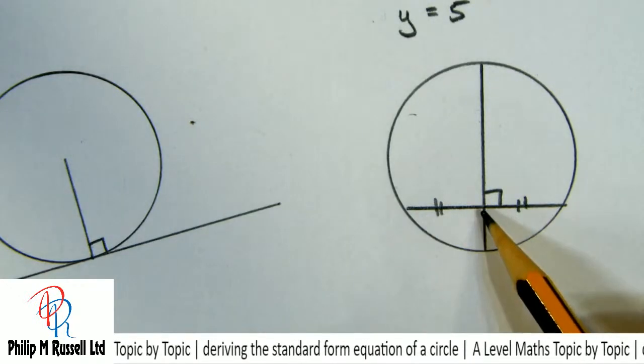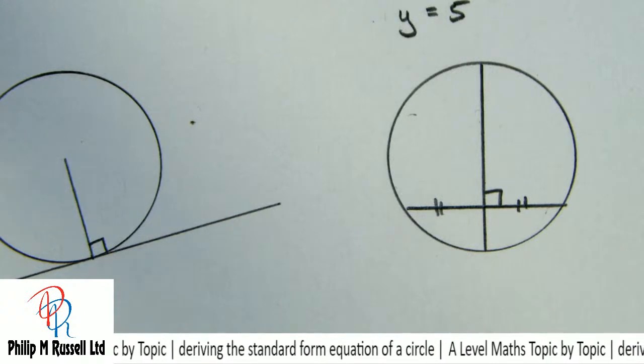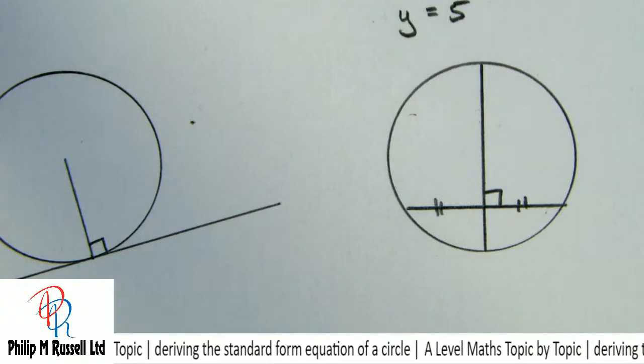So the perpendicular bisector we know goes through the centre, which is one of the points we actually said at the start.